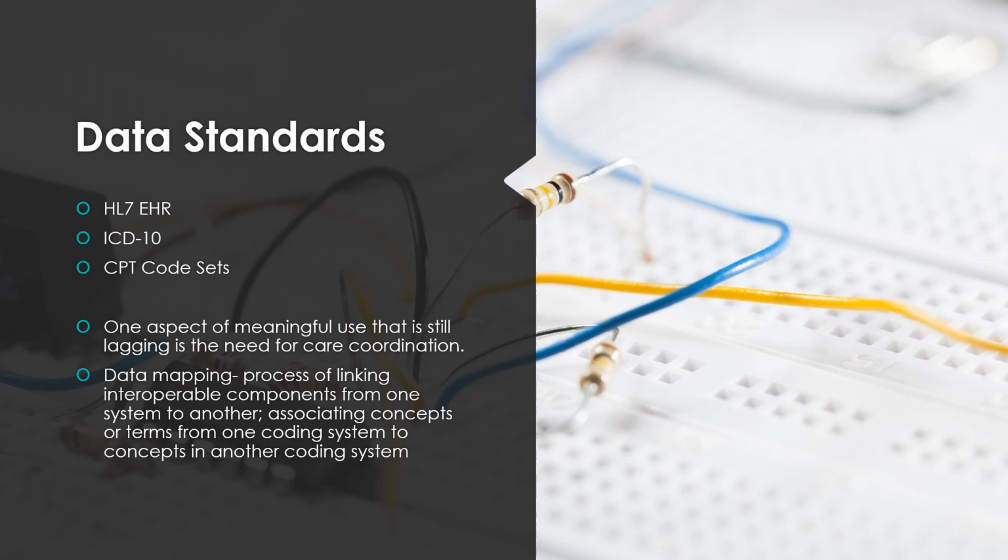And there are some large-scale networks that do this well with de-identified or limited data sets. One is right within Epic, which is Cosmos, and we'll have a demo later this semester. Another is TriNetX.